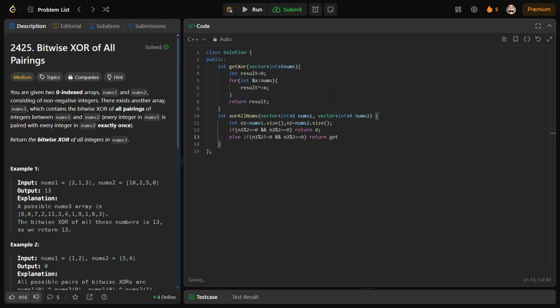We have to return the XOR of the one that is even, that will be nums2. Again in the second case only, this time n1 is even and n2 is odd. And what will we do? XOR of nums1. The last case, when both are odd, then what will we do?